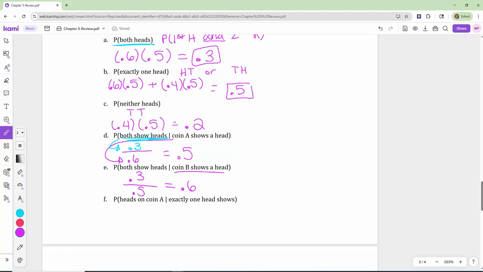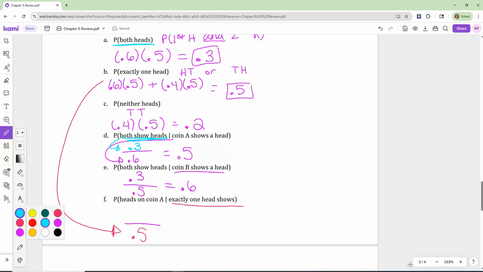F. The probability of heads on coin A given exactly one head shows. So the denominator. What's the probability of exactly one heads? 0.5. We found that on part B. Okay. Probability of a heads on coin A, but I already know something.